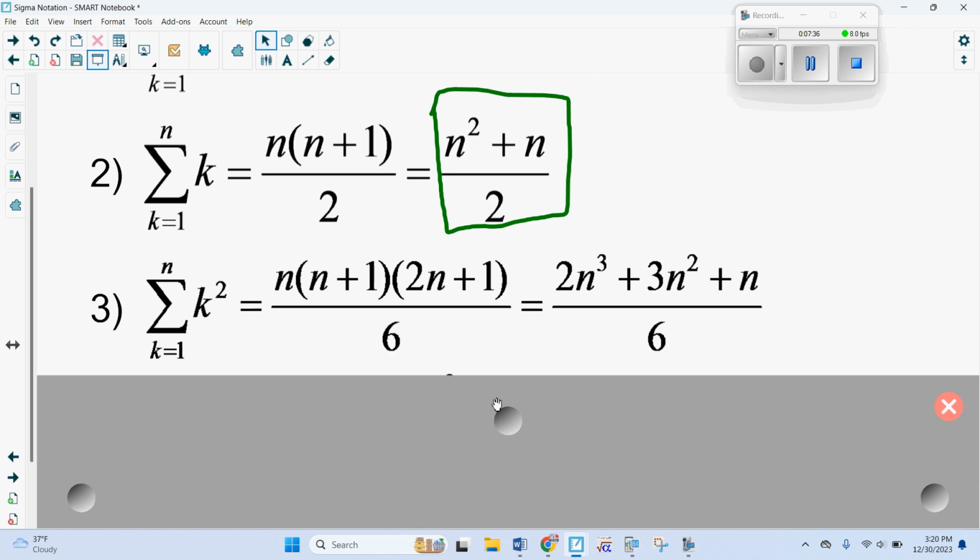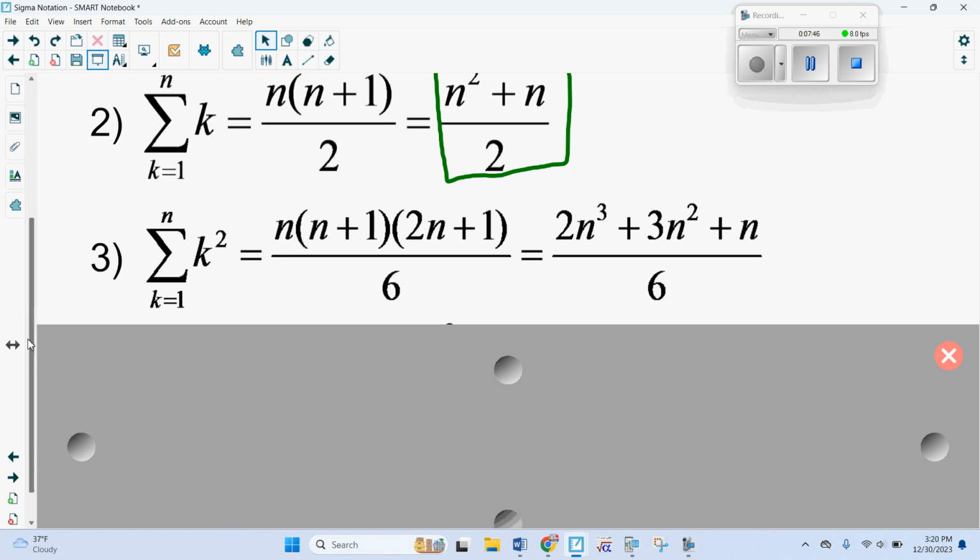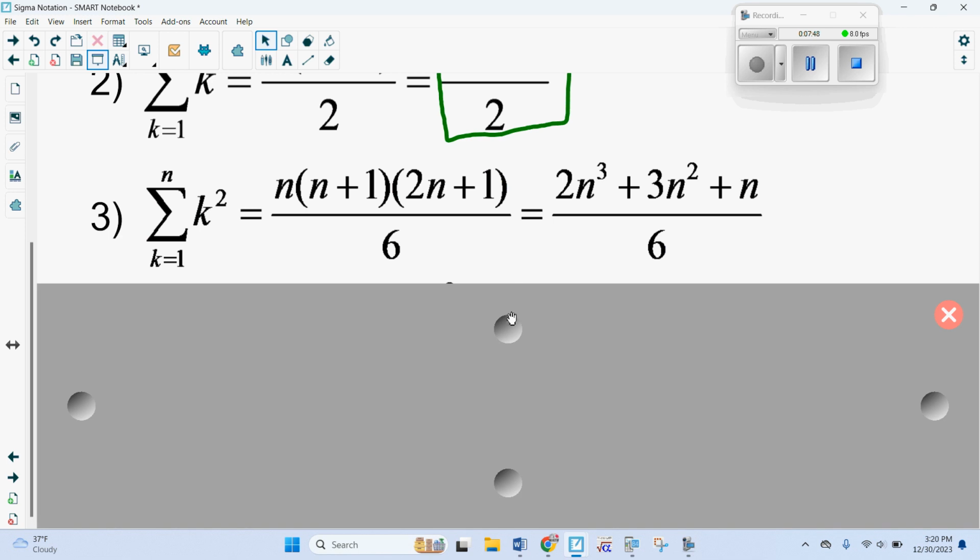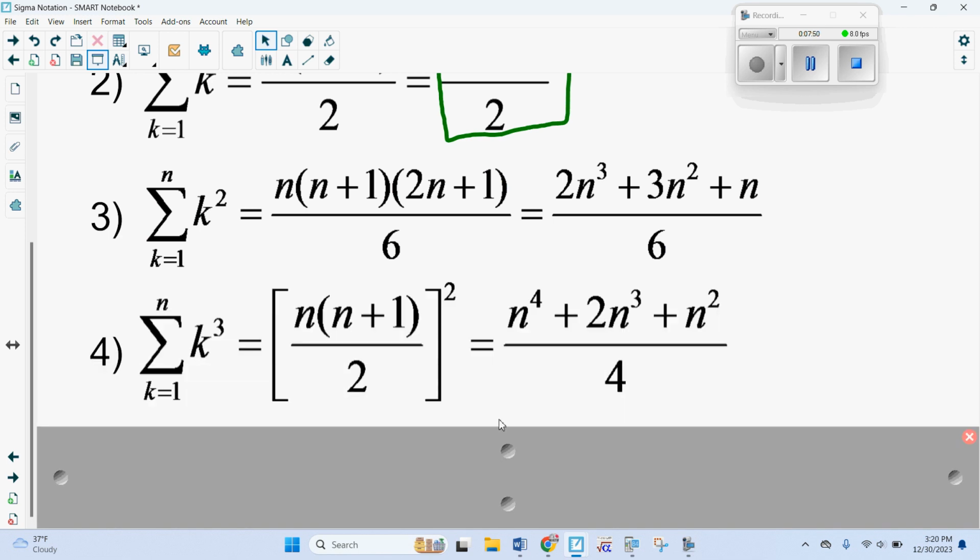If we have sigma of k equals 1 to n of k squared, we have 2n cubed plus 3n squared plus n over 6. And our final formula: sigma of k equals 1 to n of k cubed is n to the 4th plus 2n cubed plus n squared all over 4.